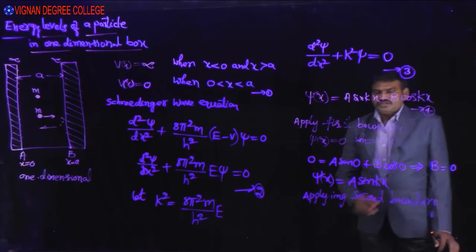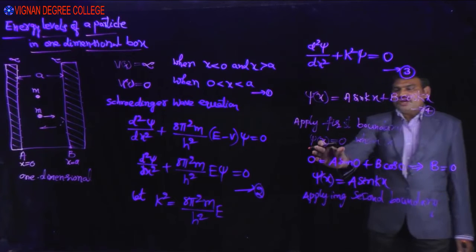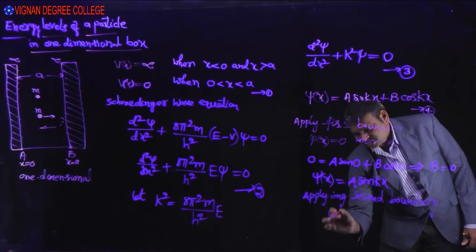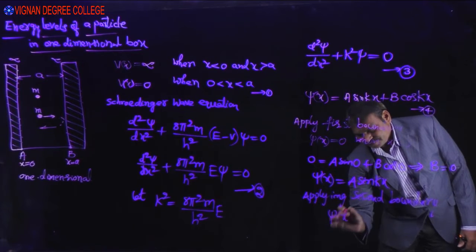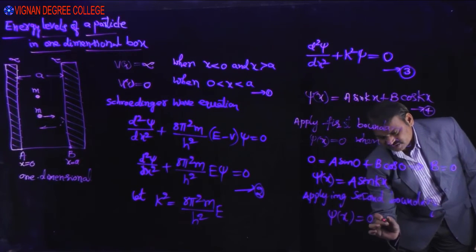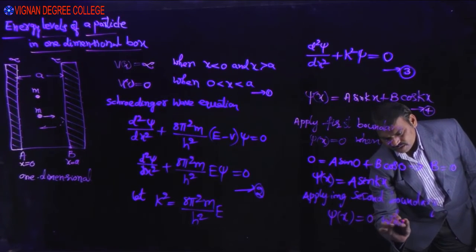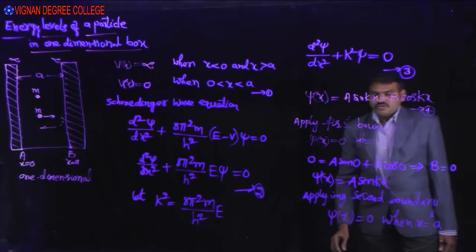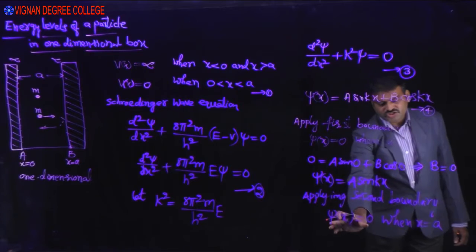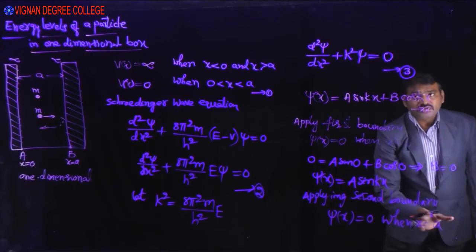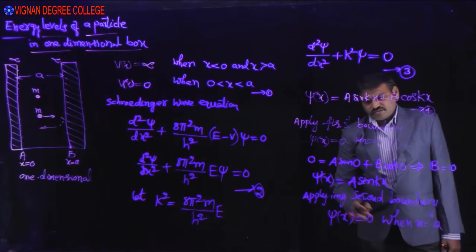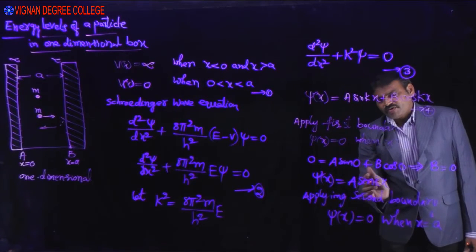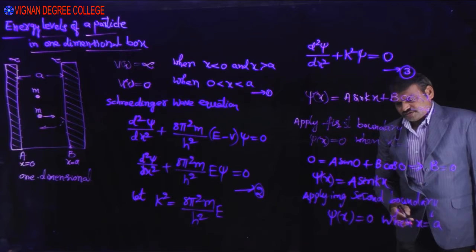The second boundary condition is psi of x is equal to 0 when x is equal to a. Apply the second boundary condition in this equation.